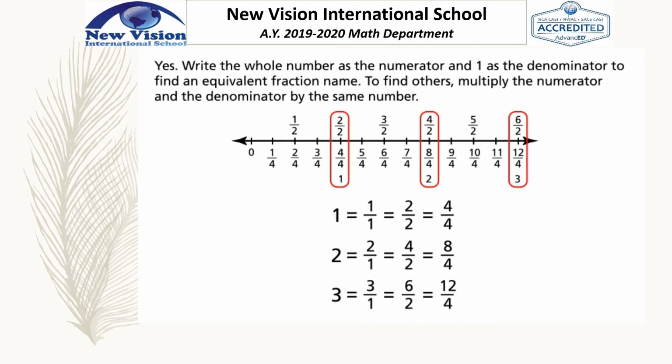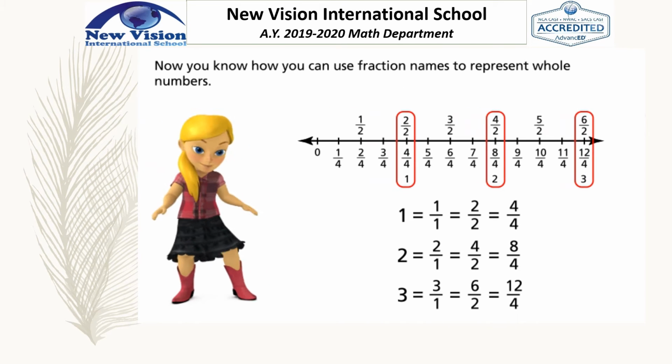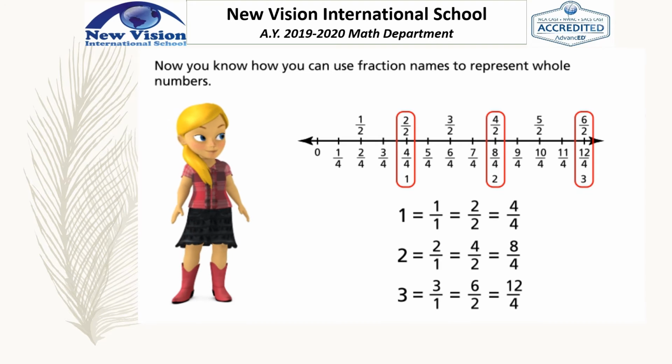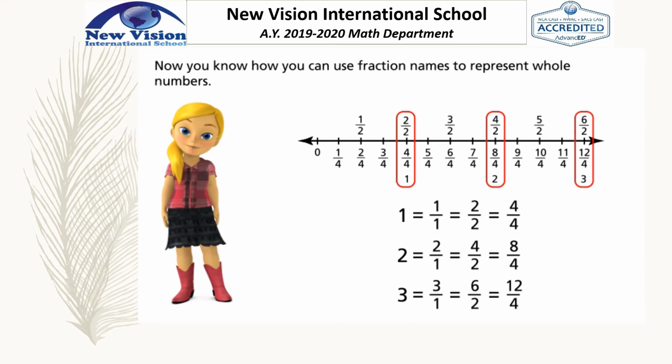Can you let me know? Yes. Write the whole number as the numerator and 1 as the denominator to find the fraction name. To find others, multiply the numerator and the denominator by the same number. Now you know how you can use fraction names to represent whole numbers.